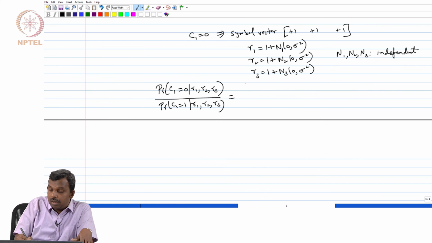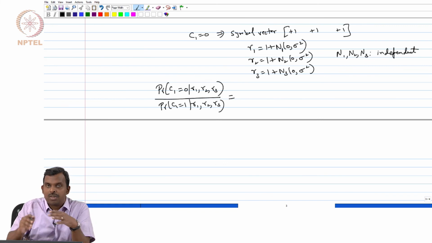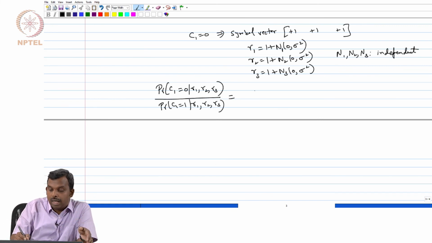to be, there will be some 1 by root 2 pi sigma which will cancel on both sides. So, I am not going to write down that part, I will simply write down what happens in the e power term.